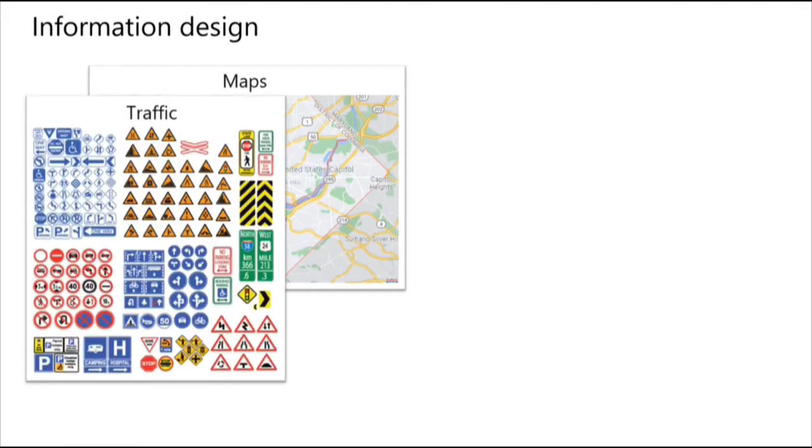Also, the use of colors for, let's say, water bodies should remain consistent. The next good example, of course, is the traffic signs, which are pretty much universal in terms of shapes, colors, and the meanings behind those patterns.